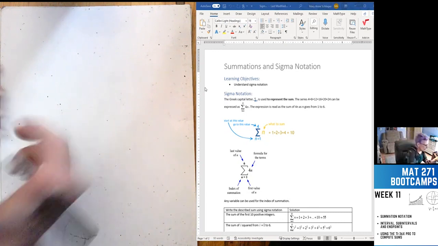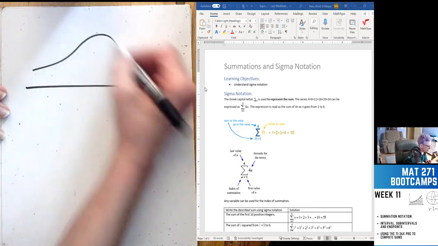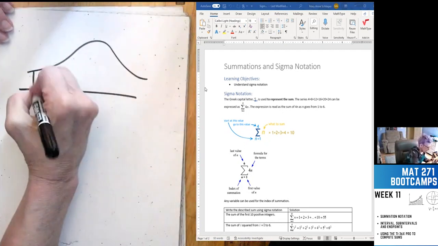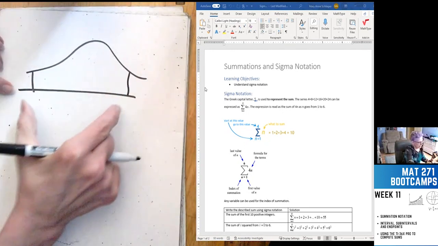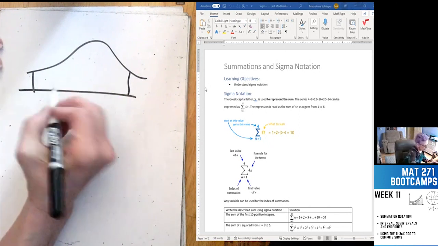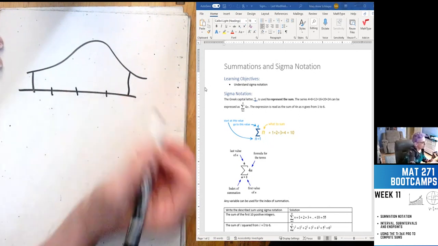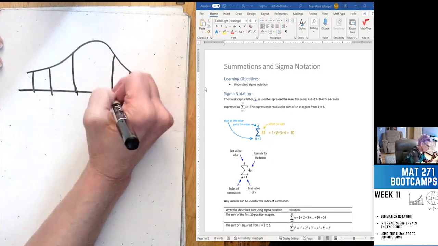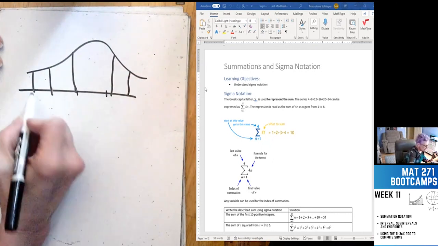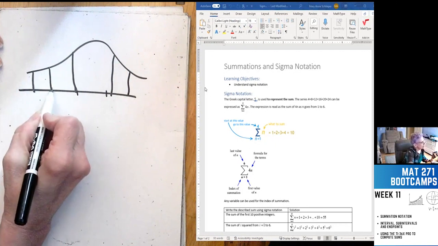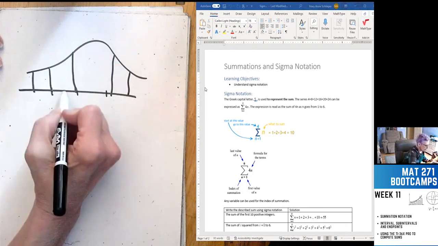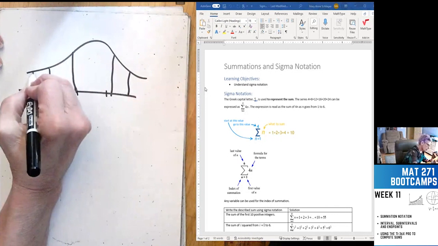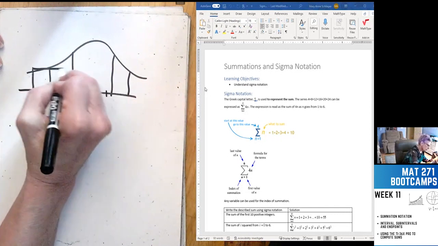And we'd have a curve and we divide a certain interval into subintervals. And then what we do is we pick either the left endpoint, the right endpoint, or the midpoint, and we draw rectangles.